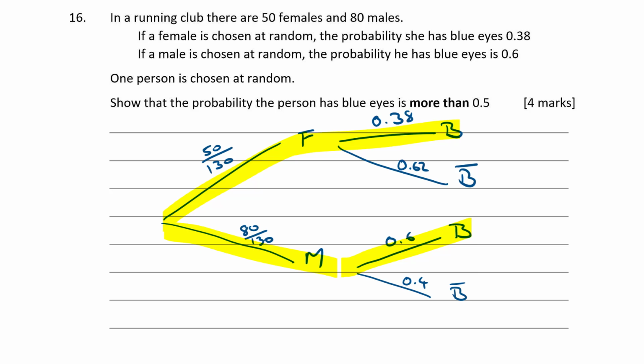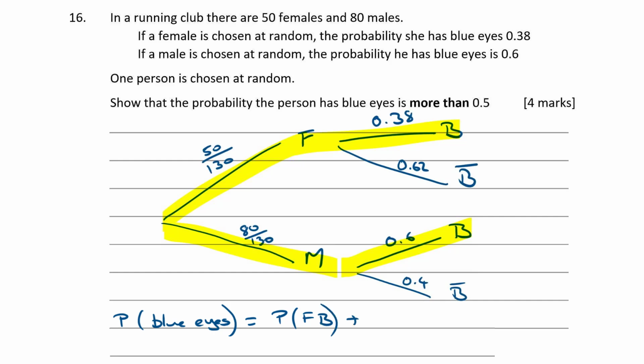So we need to add those two routes. Probability of blue eyes is going to be the probability of female blue plus the probability of male blue, which is going to be 50 out of 130 times 0.38. Mixing my units, but it doesn't really matter. And or means add, so that's 80 over 130 times 0.6.